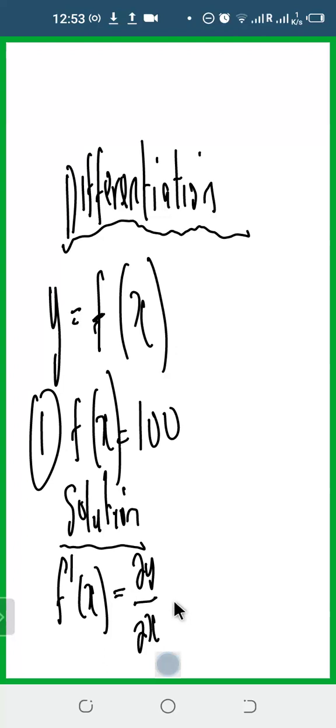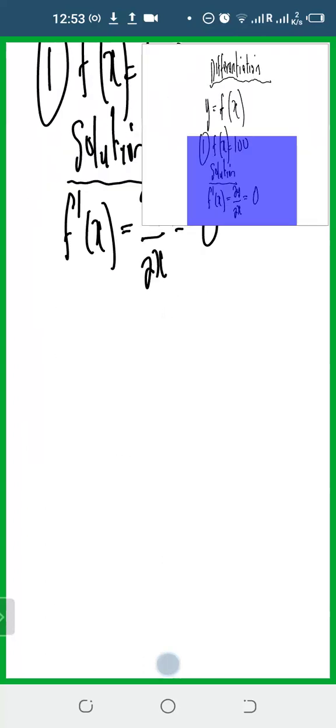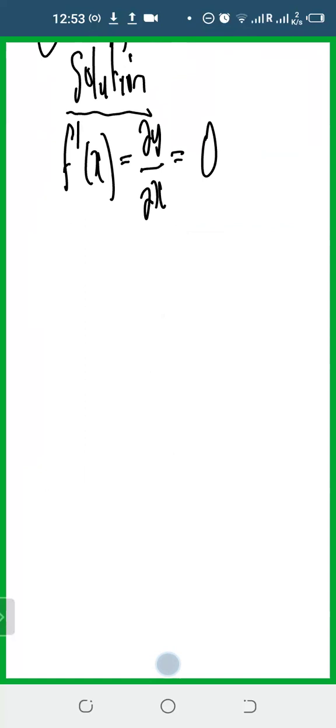But since the question is given to us in the form of f(x), we use f prime x instead of dy/dx. So in this case, the solution is what? 0. Why is it 0? Because 100 is a constant. So when you differentiate a constant, what you get as the answer is 0. Differentiating a constant gives you 0 as the solution. We're going to look at that subsequently.